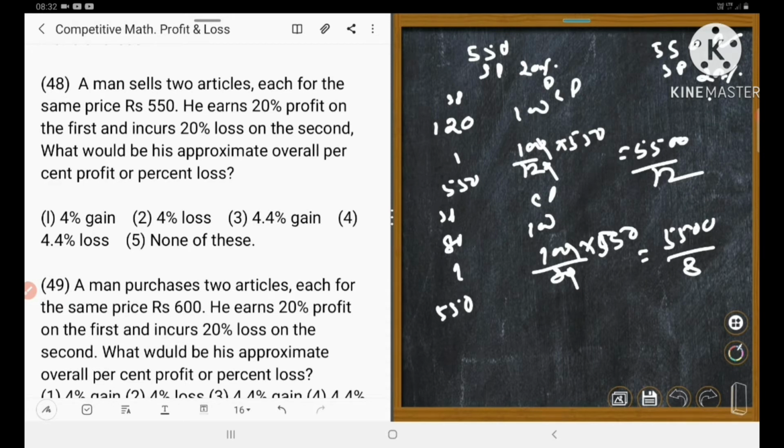So, in the first instance, now let's make the difference. This one is the CP, this is the CP. Both the CPs are not equal. There is a difference. So what is the difference?